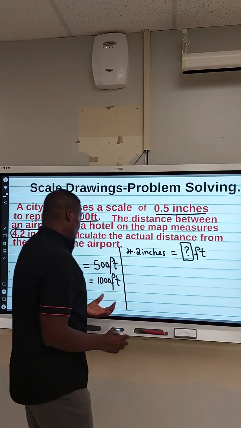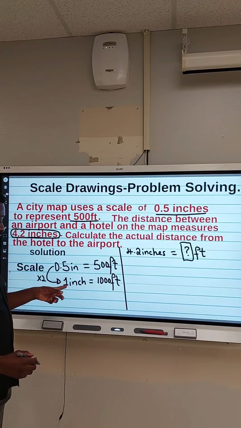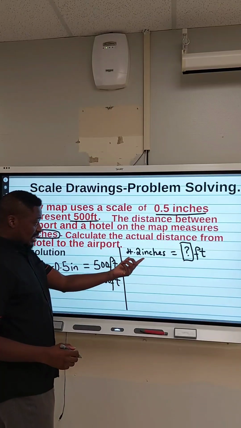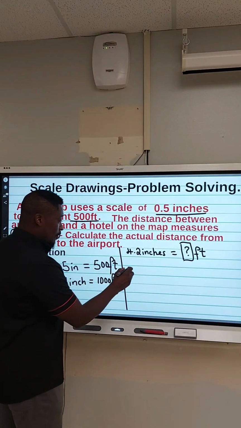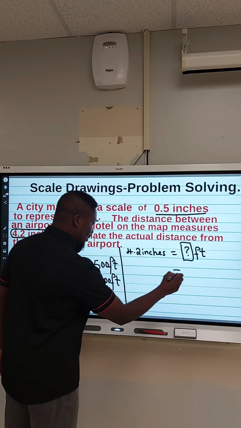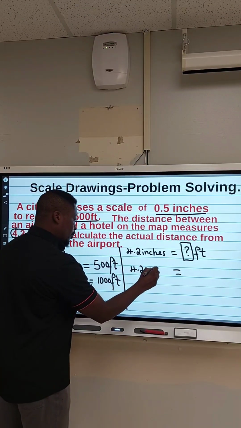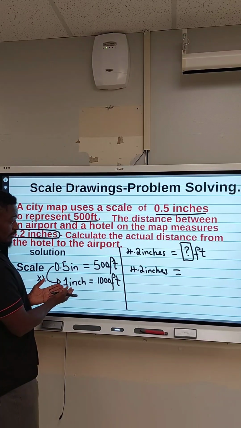Now we notice that using this scale, if we multiply this 1 inch by 4.2, then we get 4.2 inches on this side. So that is what happened to this 1 inch. Remember, 4.2 inches is the same as multiplying 1 inch by 4.2.